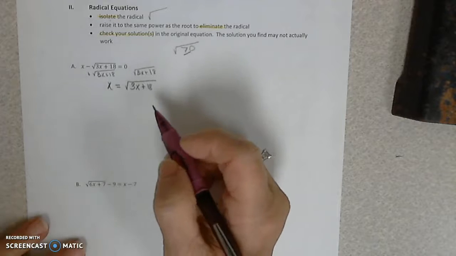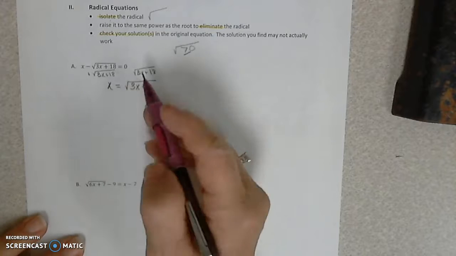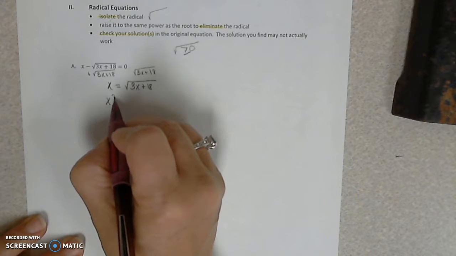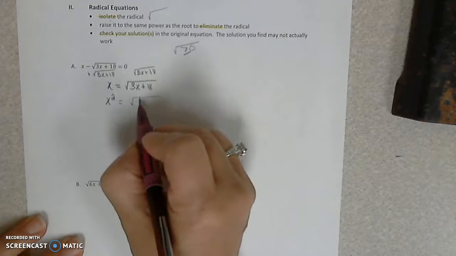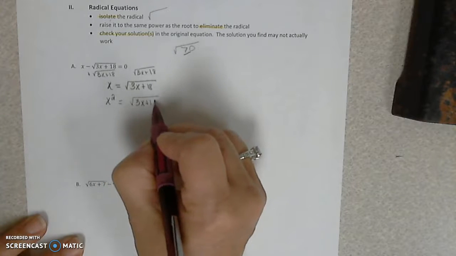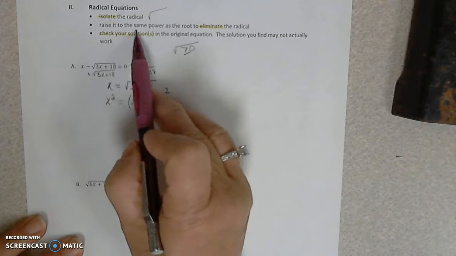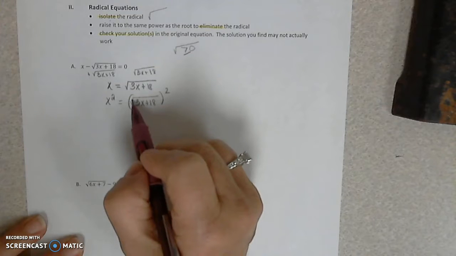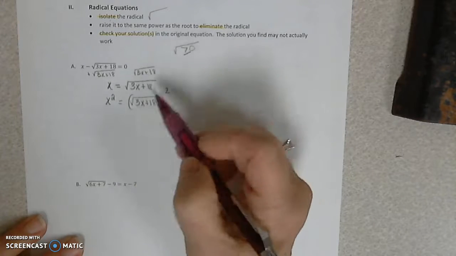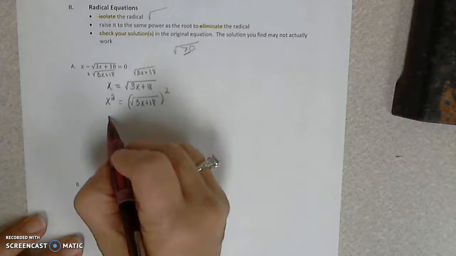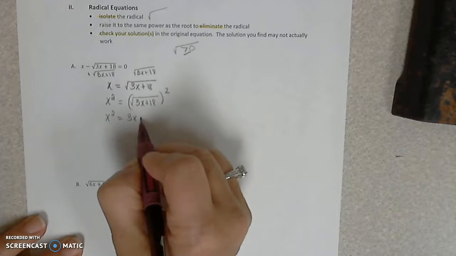So to eliminate it, we can square both sides. If we square the left side, we'll have x squared. If we square the right side, remember according to this rule, raise it to the same power as the root. So if it's a square root, I'm going to raise it to the second power, and they eliminate each other. They just cancel out, and you end up with x squared and just what's under the radical.